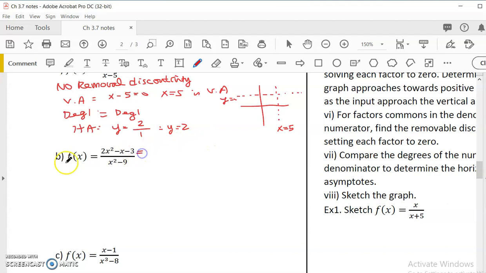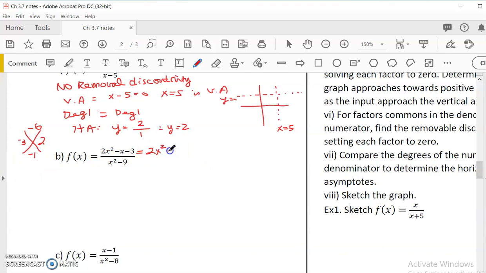So I would factor this by grouping. So let's try grouping. AC diamond first. 2 times negative 3 is negative 6, and then negative 1 for B. So the two numbers, negative 3 and 2, will split this into 4 parts, right?